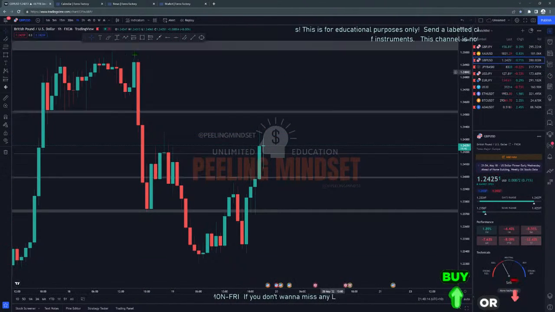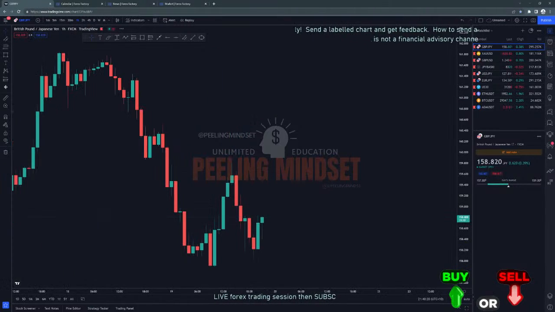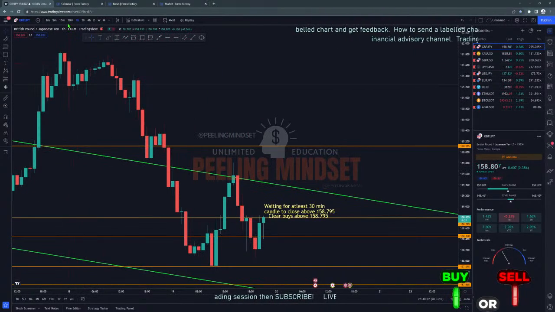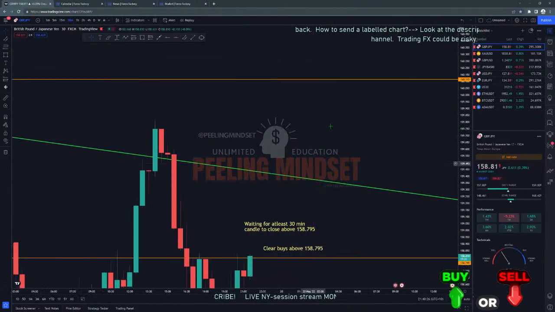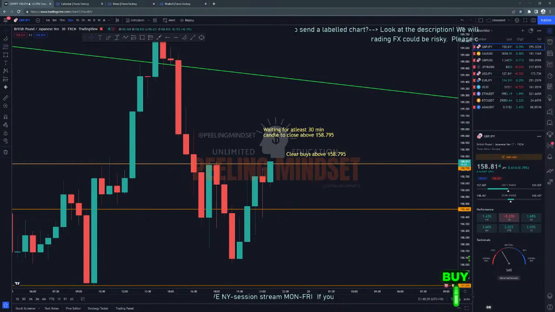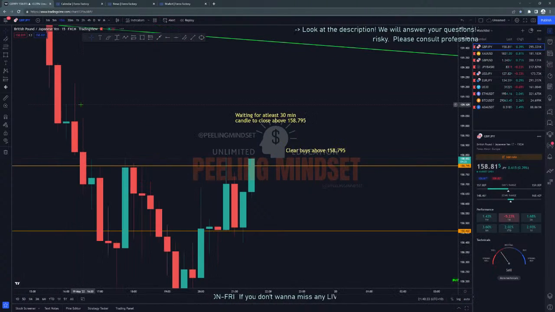The pound USD is pushing up. Yen basket is pushing down. Yes, yen basket is pushing down. Pound yen pushing up. We are 20 minutes away from market open.